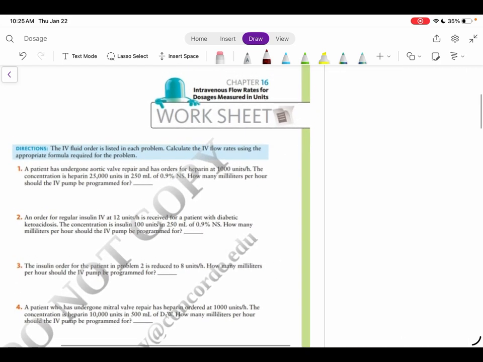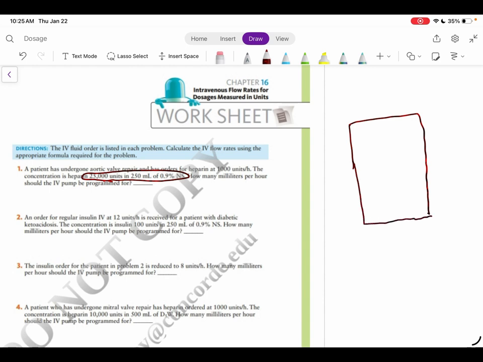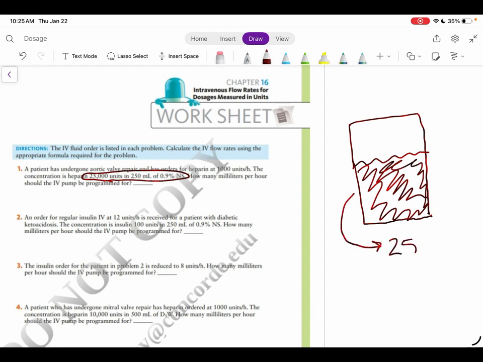So, real quick, basically what this is telling you is you have a bag of fluid, right? This is all fluid. This amount of fluid is 250 milliliters.